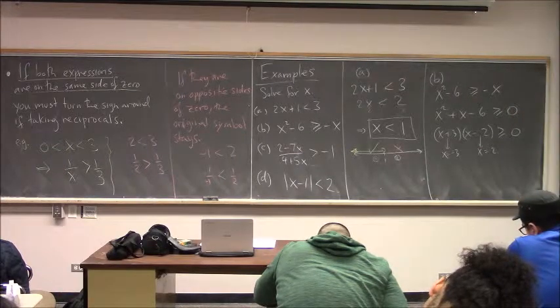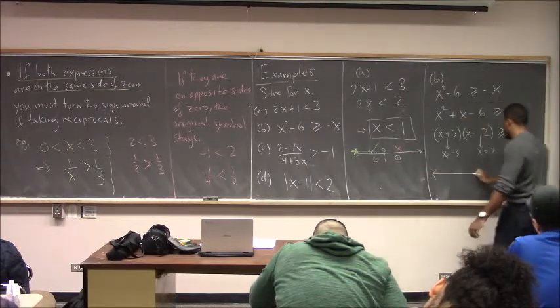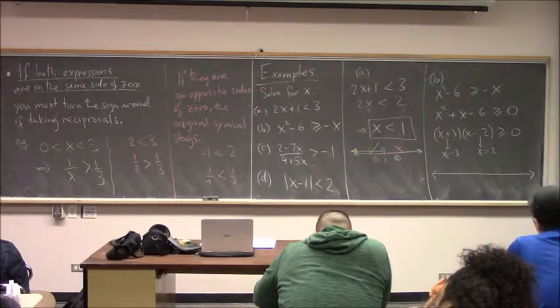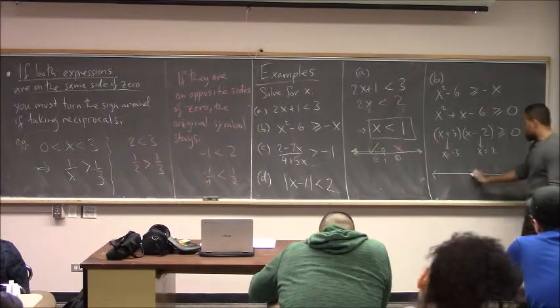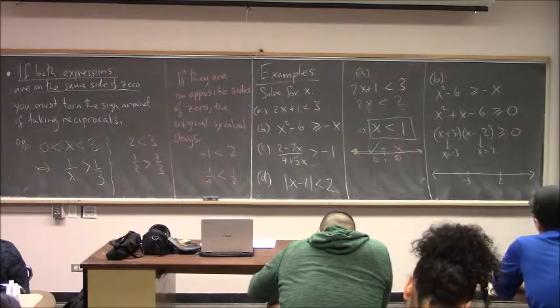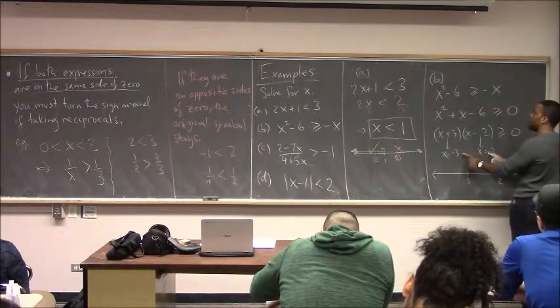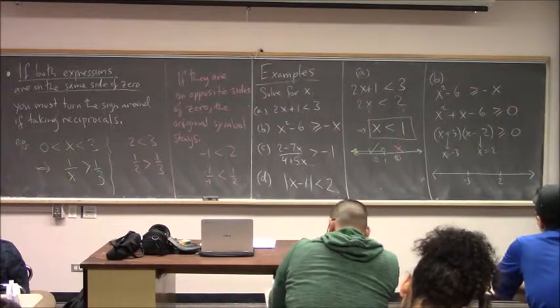Now remember, those are not the values we care about. We care about all such values. So once it's an inequality, once we find that, we now have to test it. So we're going to plot these two guys on a number line. The first thing you want to consider is, do these values themselves solve this inequality?